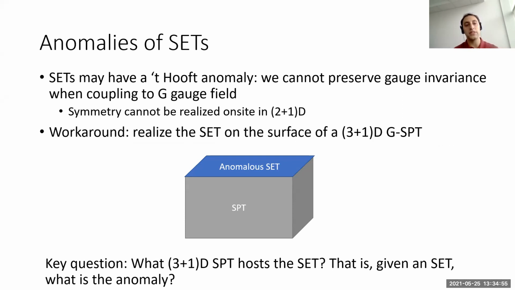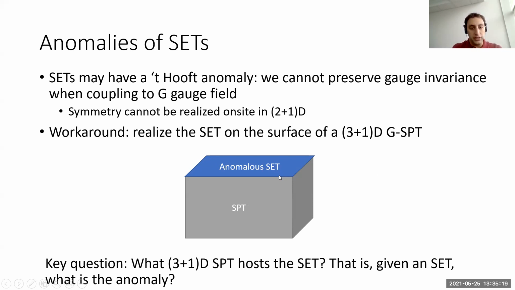I'm exclusively discussing 2+1 dimensional topological orders here. The workaround for this is to realize the SET on the surface of a 3+1 dimensional G symmetry protected topological phase. So the bulk has no topological order, but the surface does allow a symmetry preserving anomalous SET.